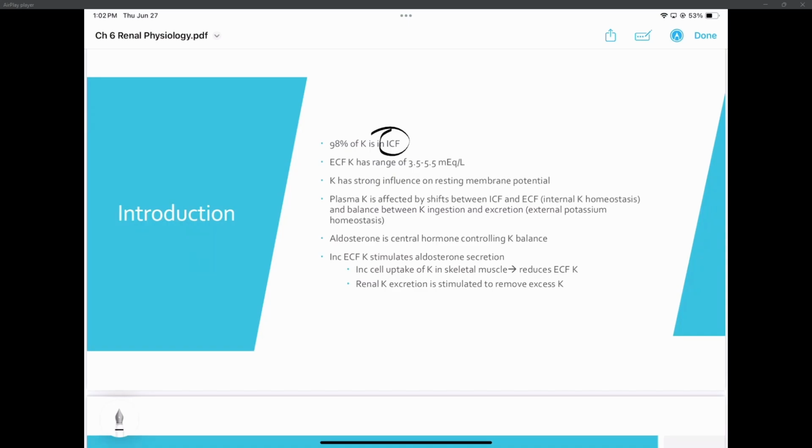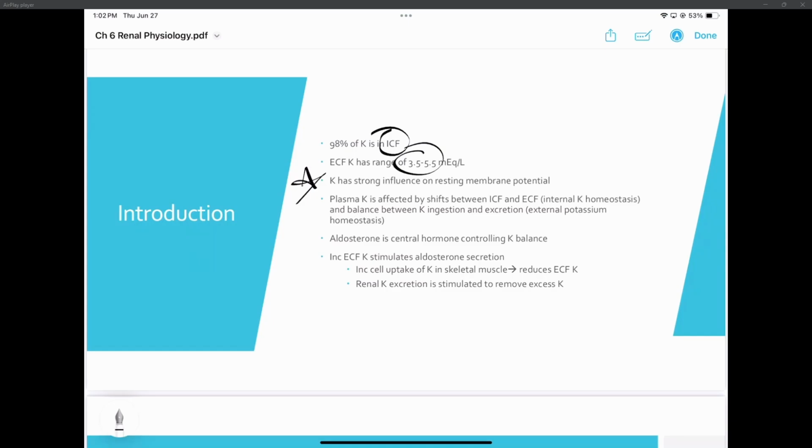That sets up our concentration gradients. Normal range of extracellular potassium is 3.5 to 5.5. So that's your normal range for potassium in the blood, 3.5 to 5.5. Obviously, we know this: K has a very strong influence on that resting membrane potential.